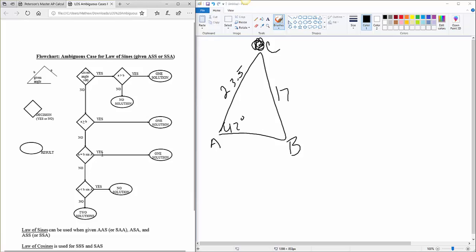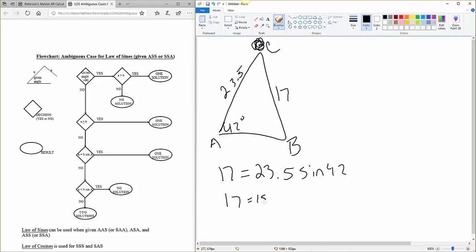Does A equal B sine A? So does my side opposite equal my side adjacent times the sine of 42? Now I'm going to let you know right now I probably don't equal. So, but let's enter in our calculator. I get 15.72.